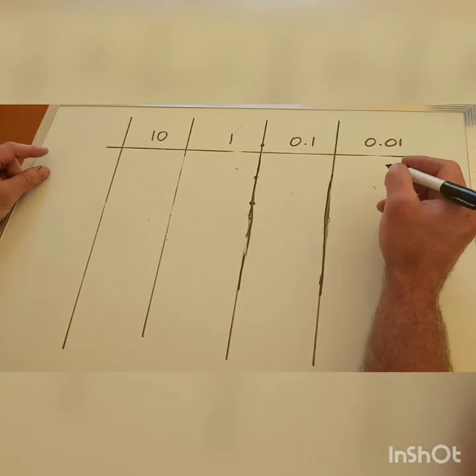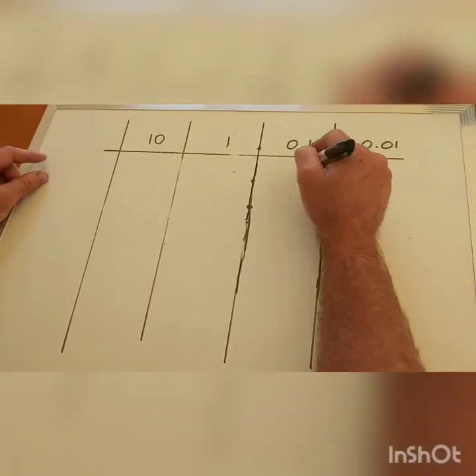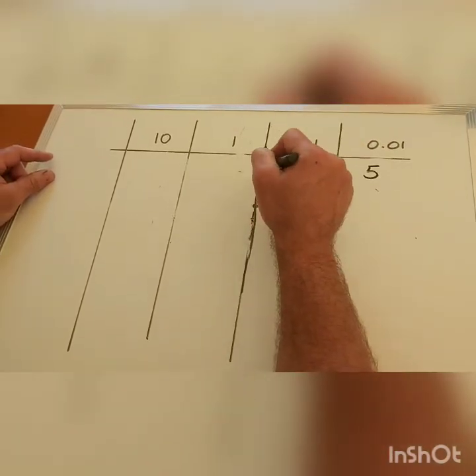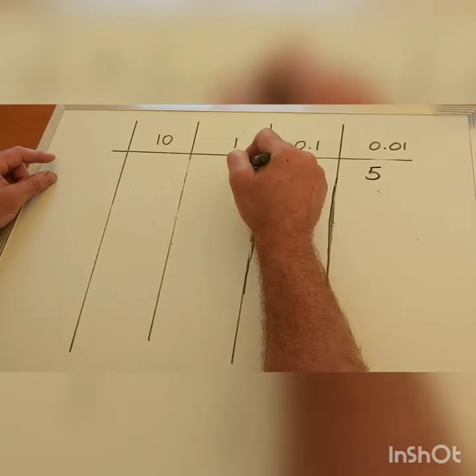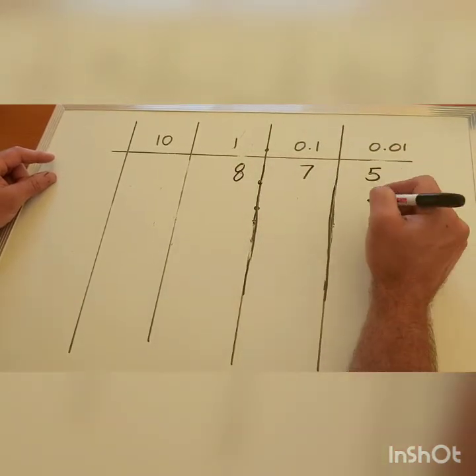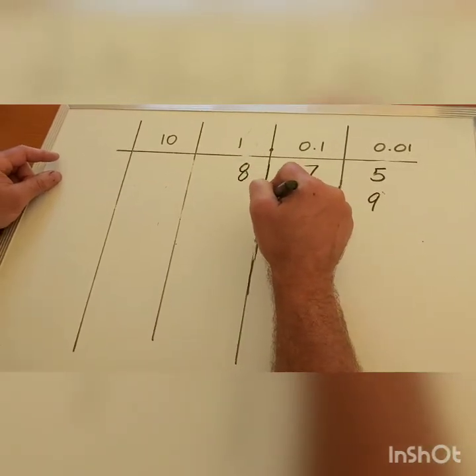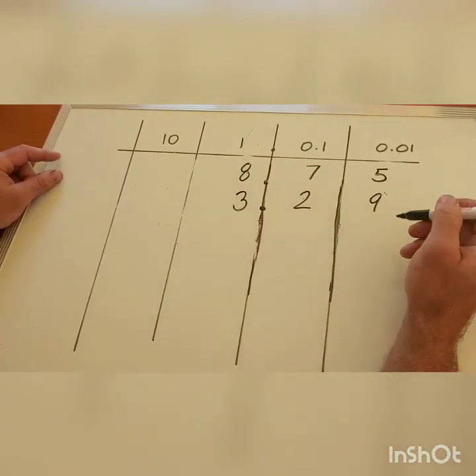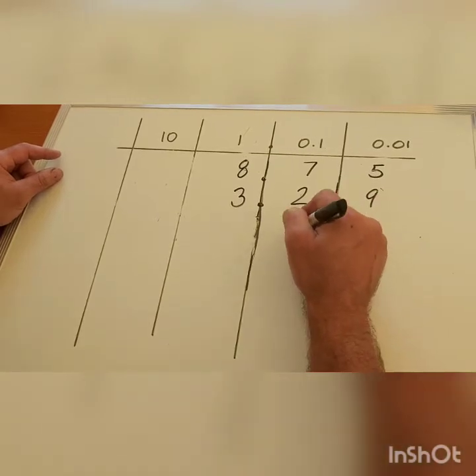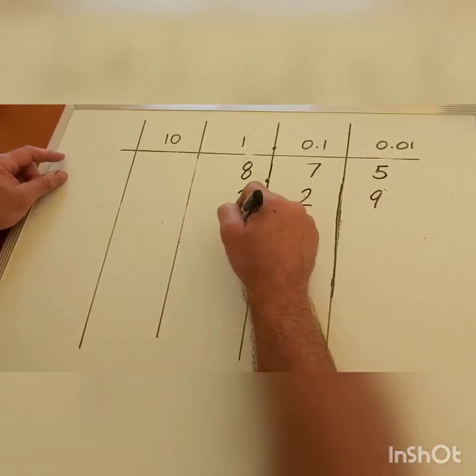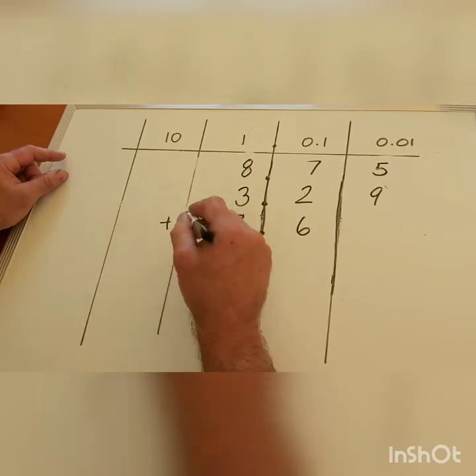For question 4, we have 3 numbers to stack. So pay careful attention that you have each number in the right spot. It's an adding problem.